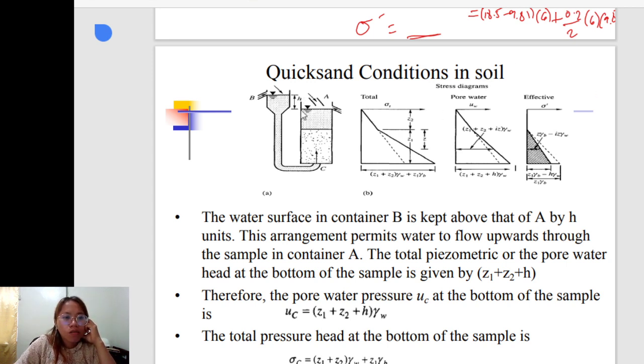Alright, so we try to understand this figure, this picture. This is the inflow of water, then the outflow.